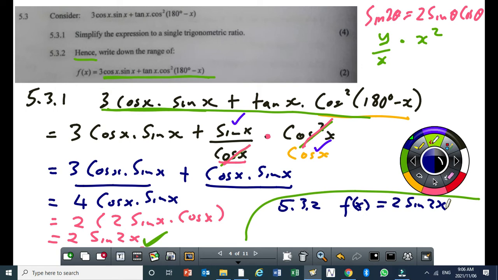So, how do you find the range of this? What is range? You wrote it in the exam yesterday. What is range?